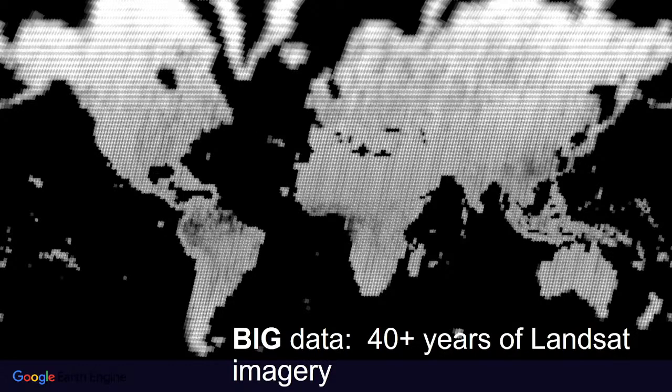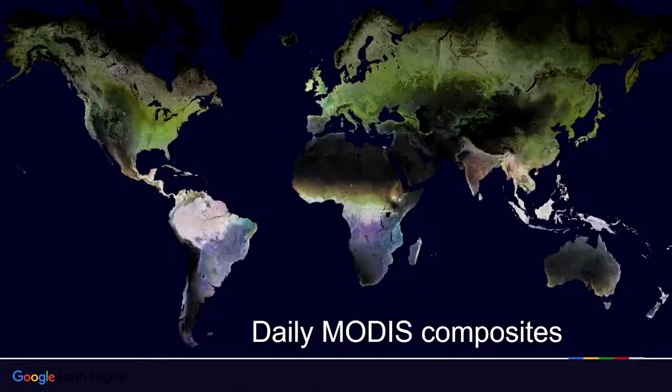So the data available is anyways big data. 40 plus years of Landsat imagery is available for you with just a few clicks. So anything you want to study globally, you can do with just a few clicks. Then daily MODIS composites. MODIS is actually scanning the entire Earth on a daily basis. So if you are interested in monitoring daily changes, you can use MODIS data.